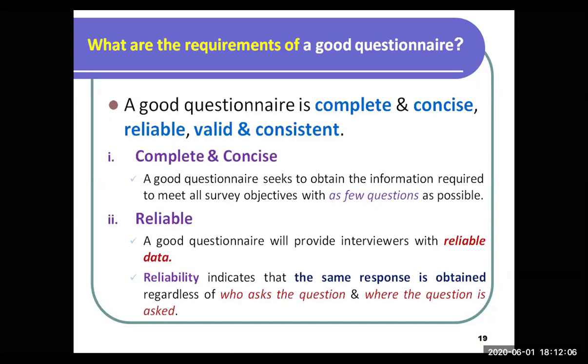More or less, while developing a questionnaire, the questionnaire could be good if you also consider the following specific criteria. A very good questionnaire must be complete, concise, reliable, valid, and consistent. That means you need to address the following five main elements in order to constitute a very good questionnaire. First one is complete and concise. That means a good questionnaire needs to obtain information regarding the survey and your research specific objectives, with as few questions as possible.